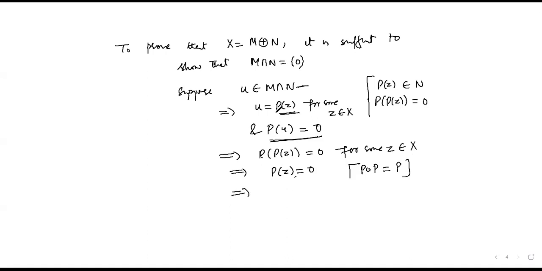It implies that, but P z is equal to u, so u must be equal to 0, that is, if there is any element in the intersection, it can only be 0. So therefore M intersection N is equal to 0, and we are done.